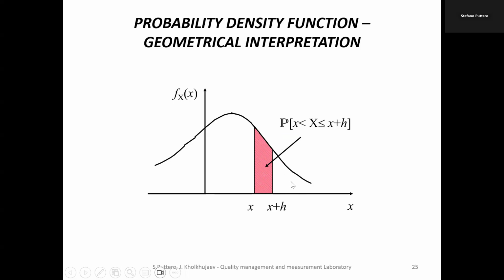If we want to calculate the probability that the random variable uppercase X is between x and x plus h, we have to calculate the integral, the area under the curve between x and x plus h. I think it's quite intuitive.